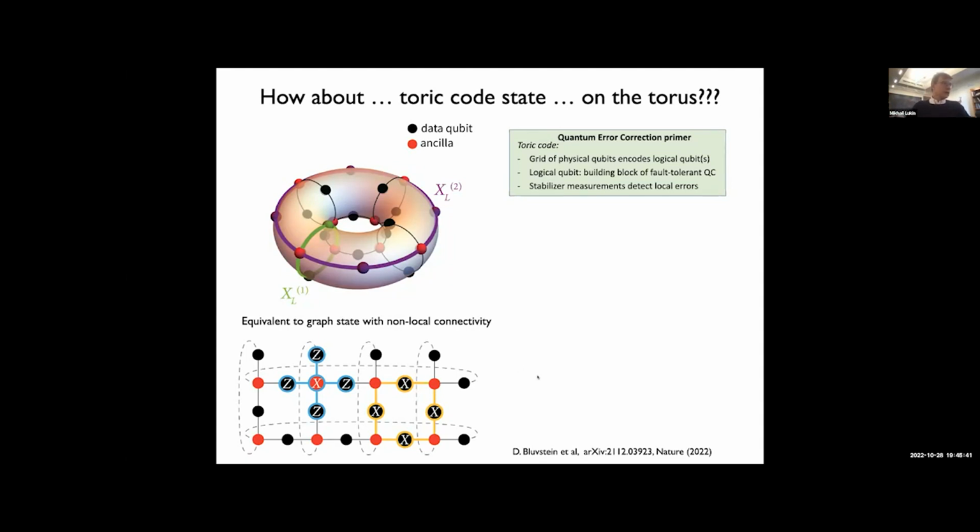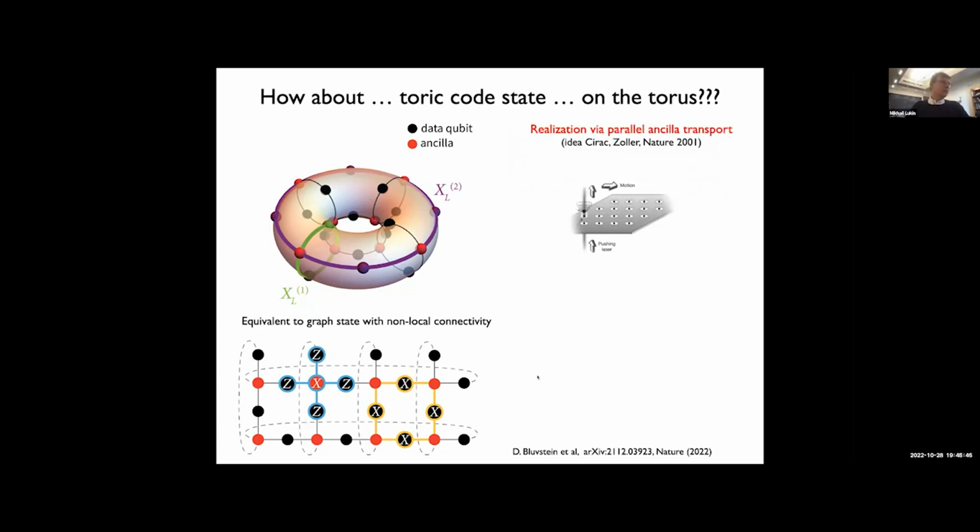So in order to implement this, we looked at an old idea, which is due to Peter Zoller and Ignacio Cirac. It's one of the very few ideas of theirs which has not been implemented up to now. Around 2000, people were still thinking about magnetic hard drives, so they thought, what would be a quantum analog of a magnetic hard drive?